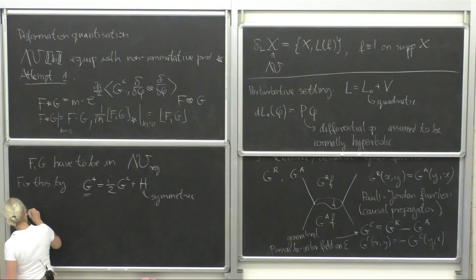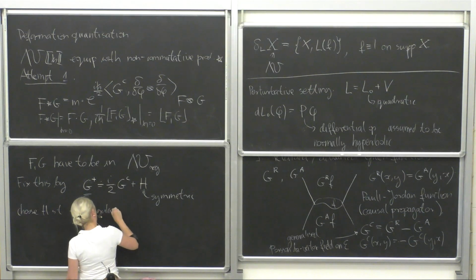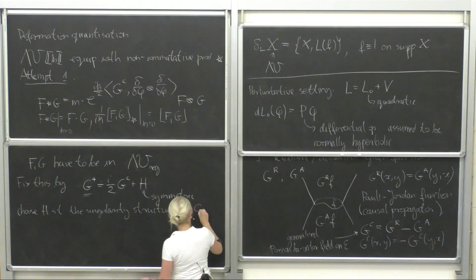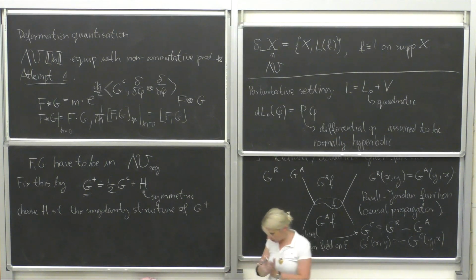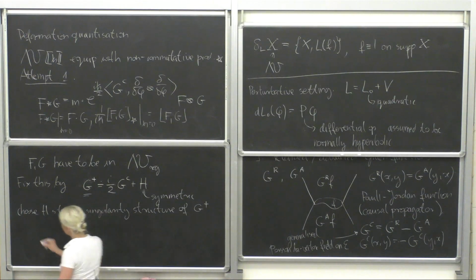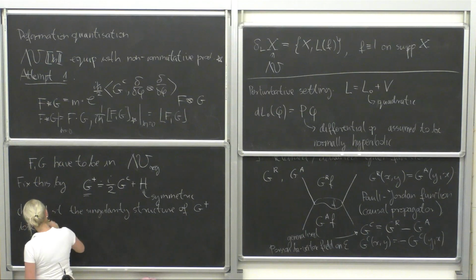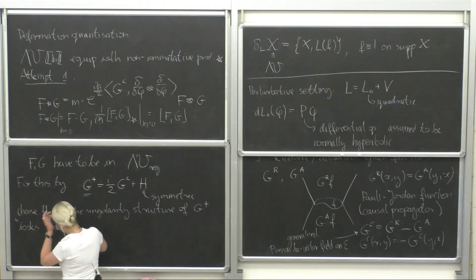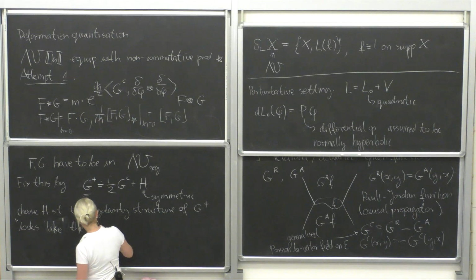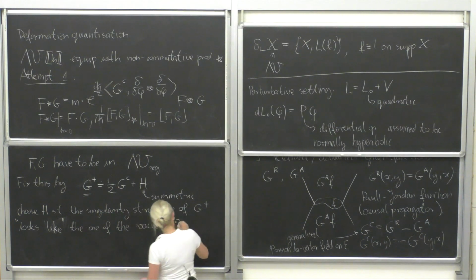So choose h such that the singularity structure of g plus, the nice condition, is that it "looks like" the one of the vacuum two-point function.